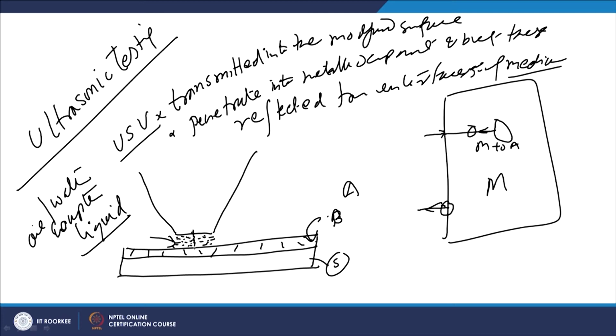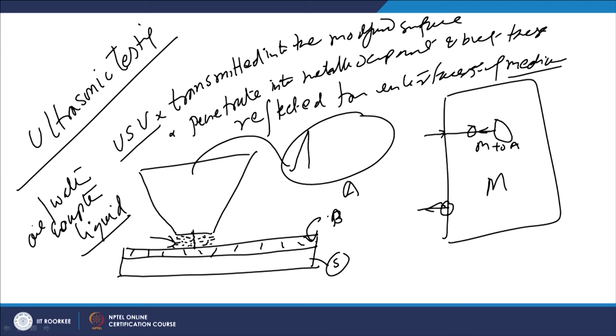When these vibrations reach the surface, they will be initially reflected. So these reflected vibrations we can see on the oscilloscope in form of a very strong peak like this, and then these will be transmitted through the modified layer, and then they will come across one interface between these two metals, say B and S. So again these are reflected, and then the final reflection will be coming from the other side, where there is a change in medium from the substrate metal to the air.